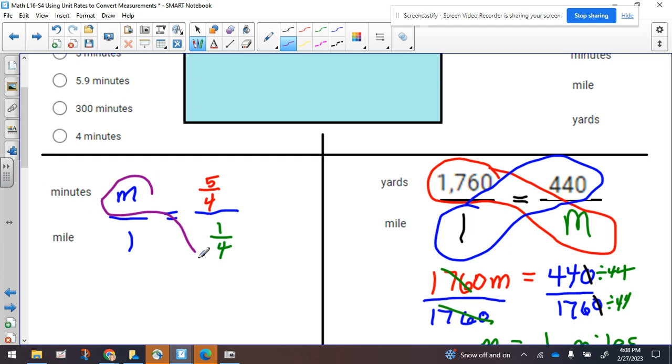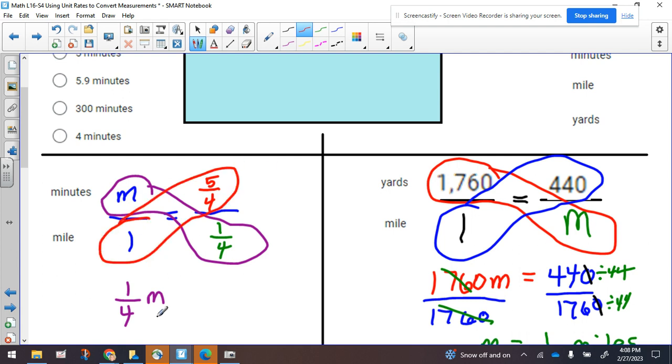So this cross product right here, m being multiplied with 1/4, we would usually write the coefficient first and then the variable. And then the other cross product, which I'm going to write in red, would be 1 being multiplied with 5/4, which of course would be 5/4. Now, when you're solving equations that have fractions, you look for the coefficient.